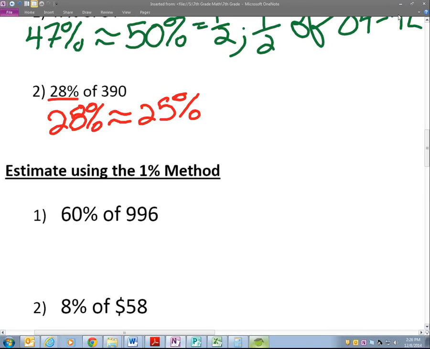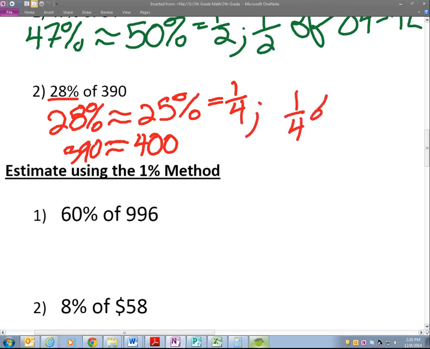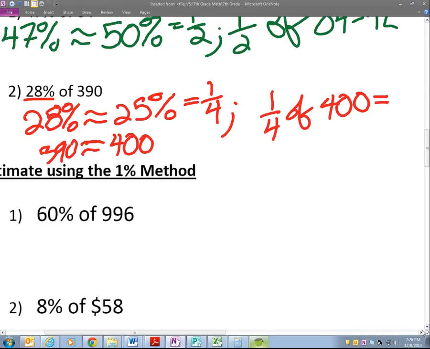Then 390 is almost 400, isn't it? Oh, yeah. So 25% is equal to 1/4, and 1/4 of 400 equals? What's 1/4 of 400? 100.